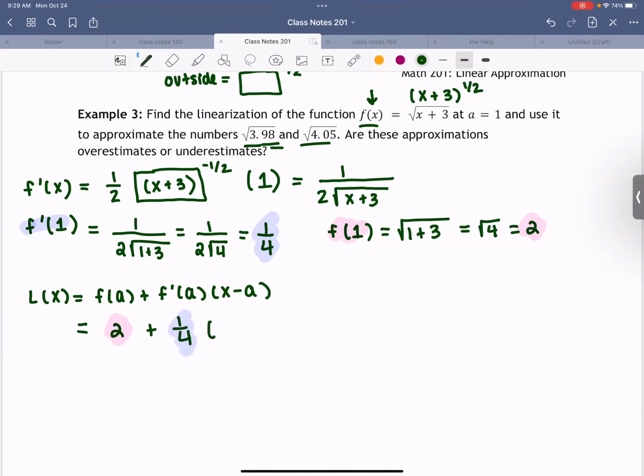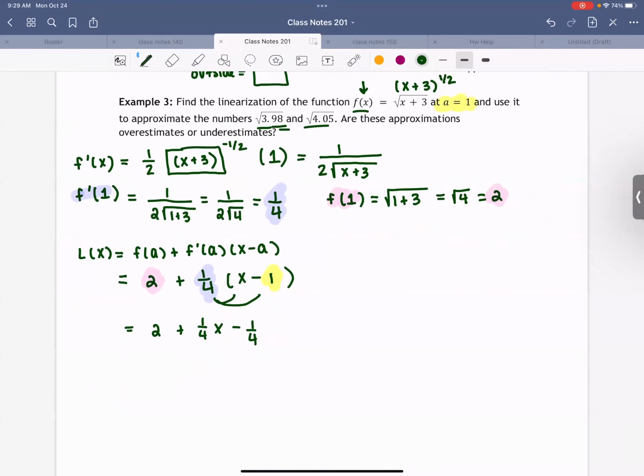I know that f prime of a is 1/4 because I found that in purple. And we have x minus a, and I know that a equals 1 because the question gave it to me. So 1 is here. Okay, so 3 different values I'm plugging in to my L formula. I guess we can clean this up a little bit, right? I can multiply the 1/4 over to get 1/4 x minus 1/4.